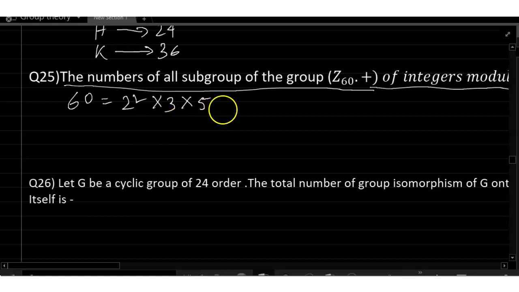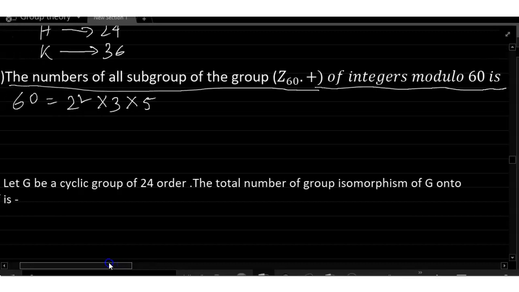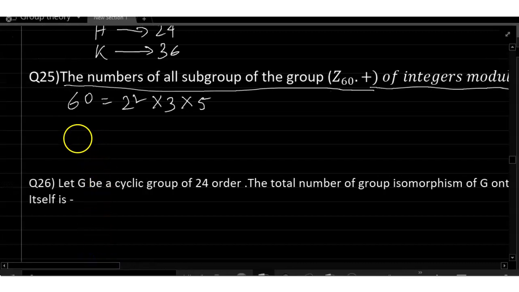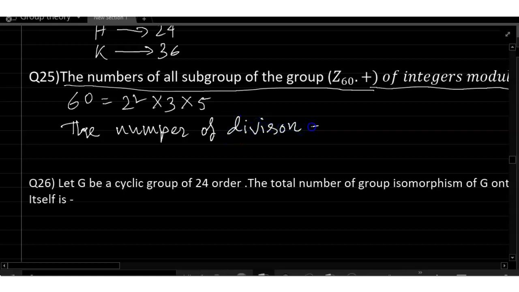So the number of subgroups is the number of divisors of 60.